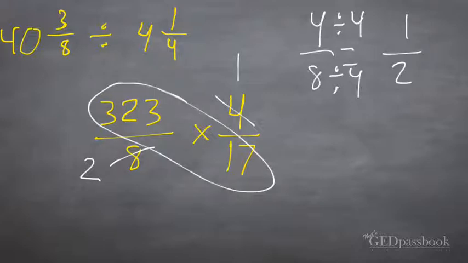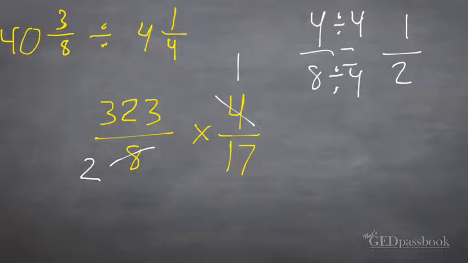Yes, take a couple more seconds and check whether this one could be simplified. Do we want to do this one? Of course we do. If we did multiply straight across, 323 times 1, we already know it's 323, right?